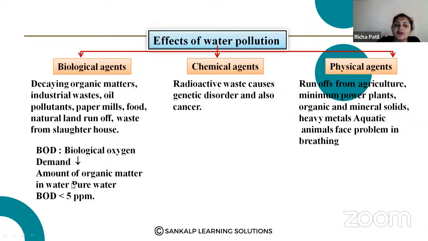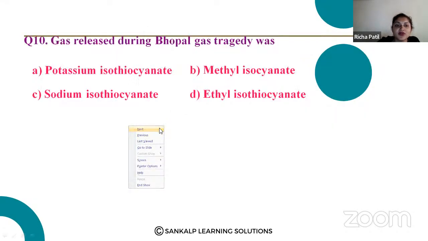It is the amount of oxygen needed for the organic matter in water. Whenever you calculate the biological oxygen demand, in pure water it should be less than 5 ppm. So these are the effects of water pollution.